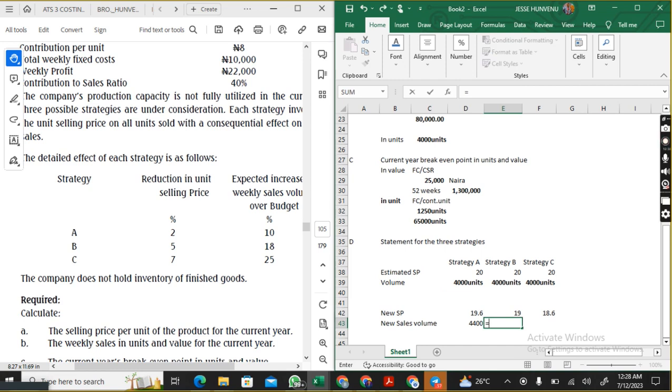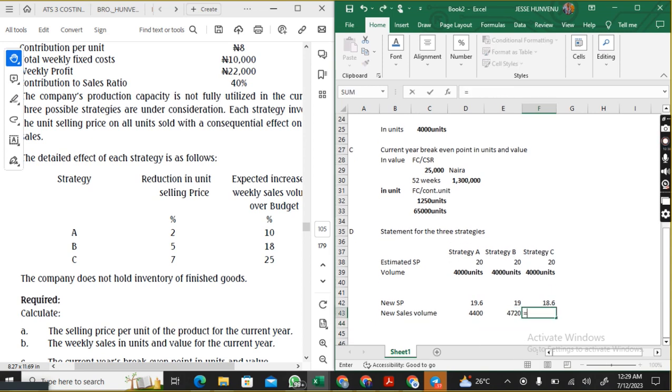This one, 4,000 multiplied by 1 plus 18%, that's 4,720. This one is multiplied by 1 plus 0.25, which is 5,000. So it is on this note that we now make use of this information to draft our profit.